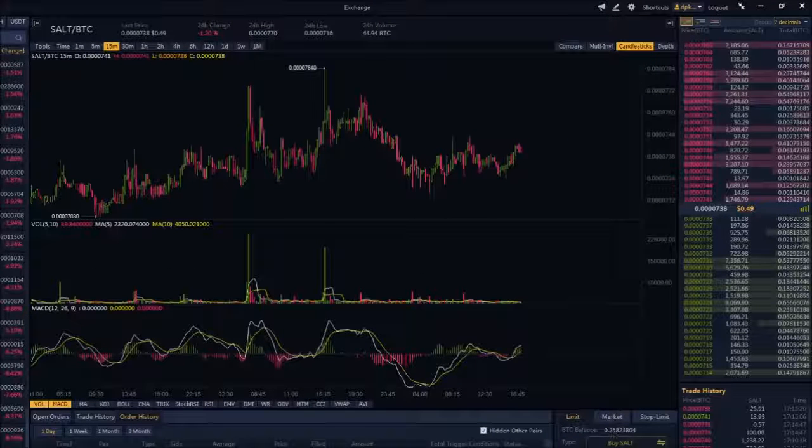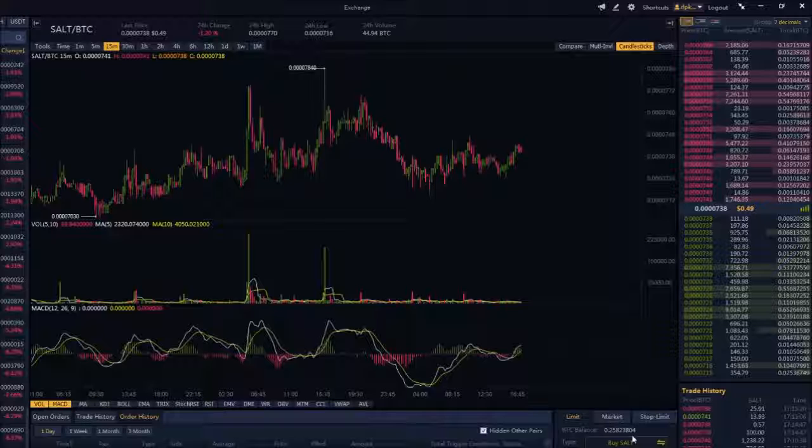When you're trading on an exchange, you buy and sell, but you can also set up different buying options. So we'll go through those in a later video.